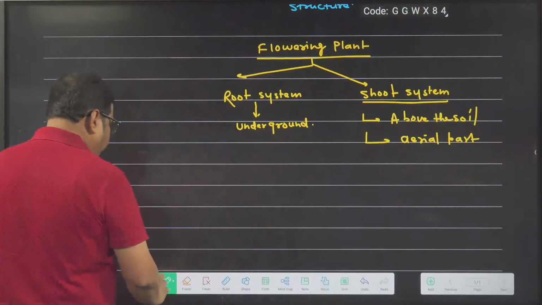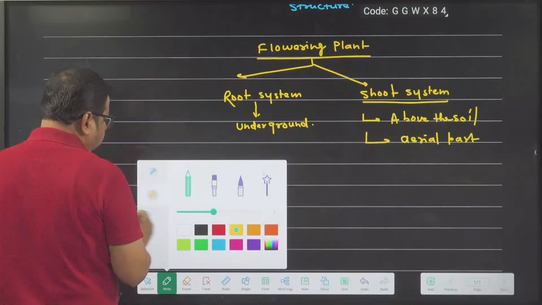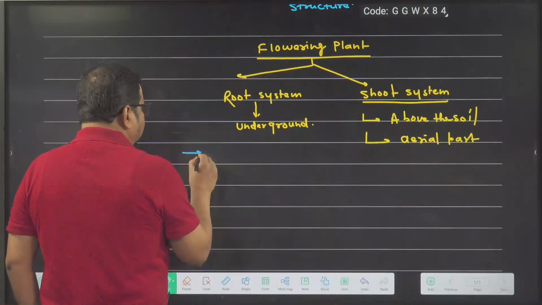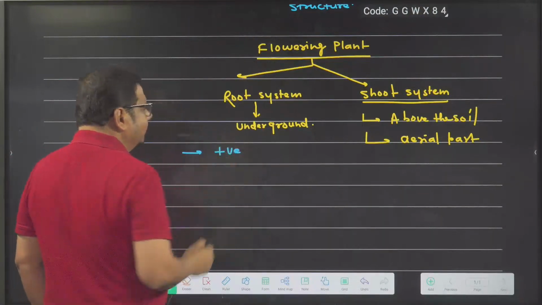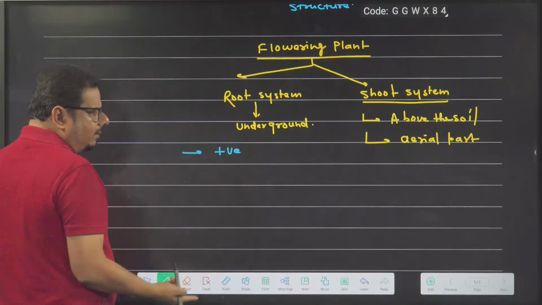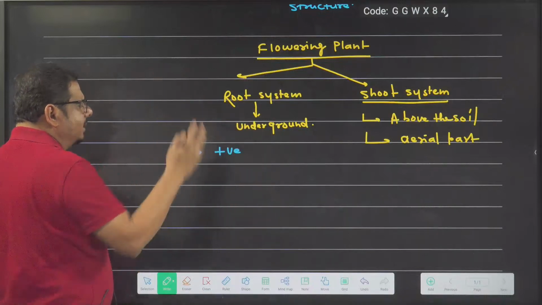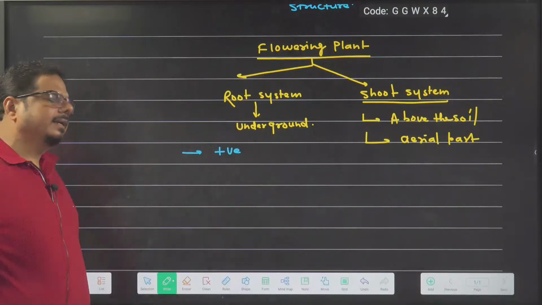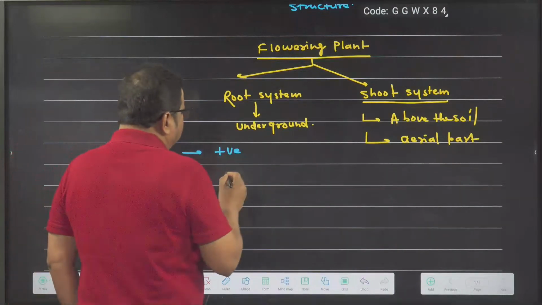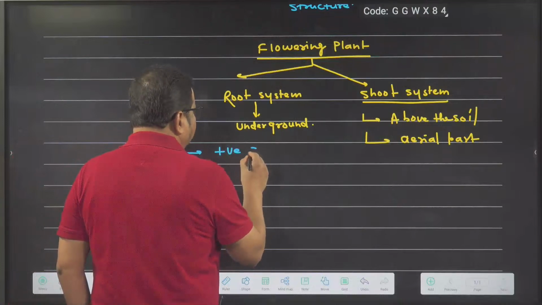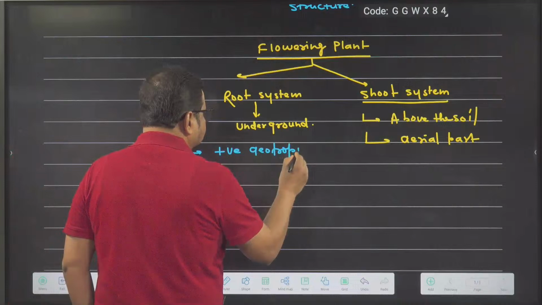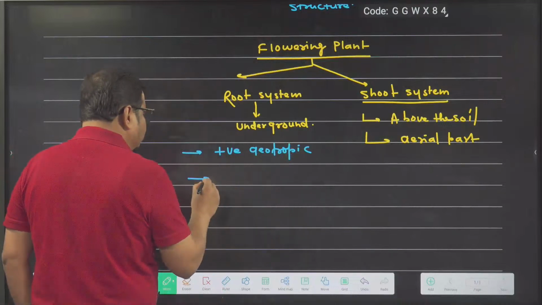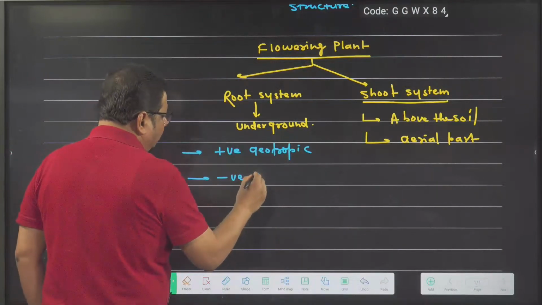So if we talk about the root system, usually we are just generalizing the thing. Not all roots grow under the soil. Exceptions are there, but we are not talking about that exceptional condition right now. So it is positive geotropic, and this root system is negative phototropic.